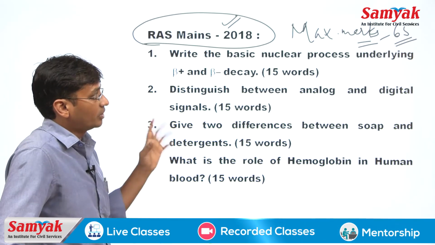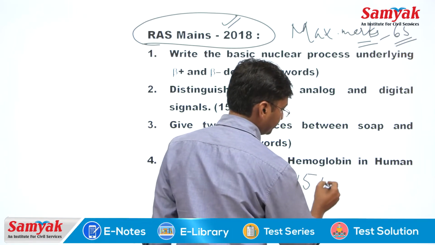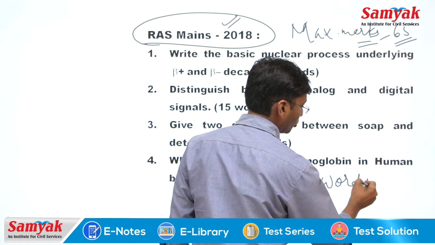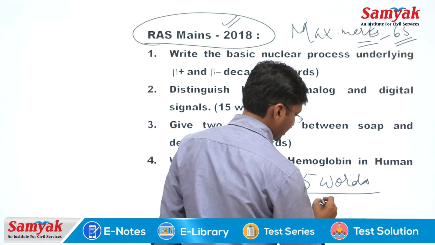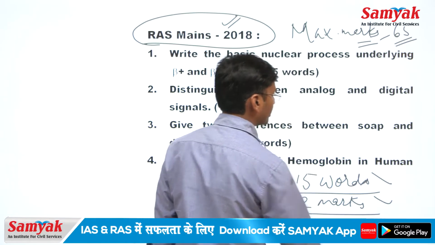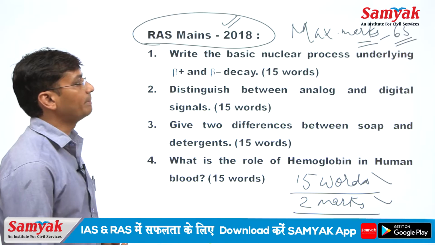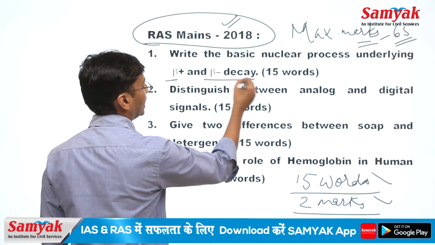Basically the first few questions are of 15 words each, means you can answer in 15 to 20 words, and they are 2 markers each. They carry a weightage of 2 marks each. First is, write the basic nuclear process underlying beta positive decay and beta negative decay.